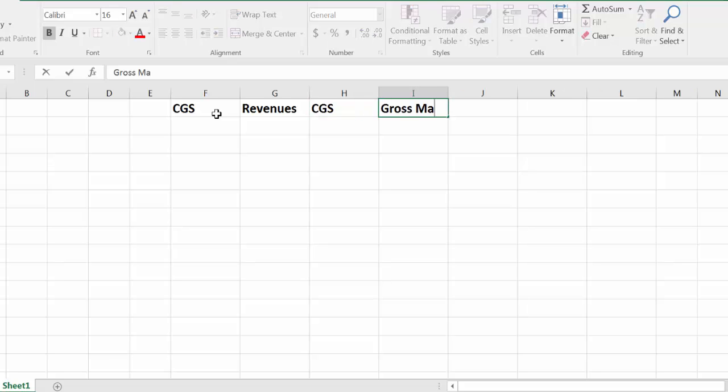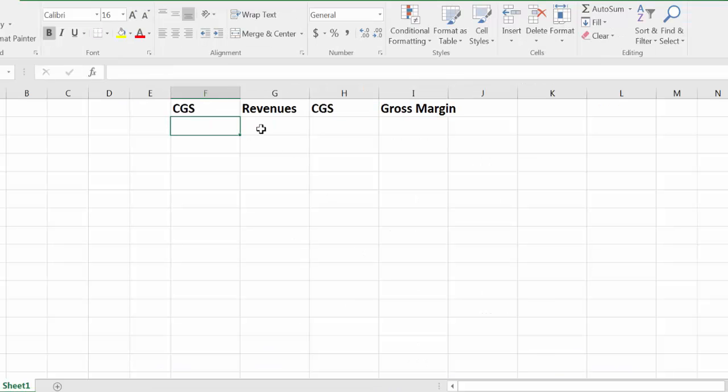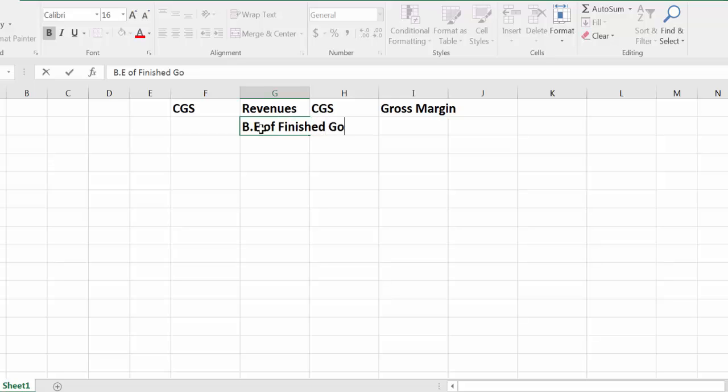Let me get back to the slide. The gross margin. The second formula involved in CGS is you have a beginning inventory of finished goods, then you have cost of goods manufactured, then you have ending inventory.